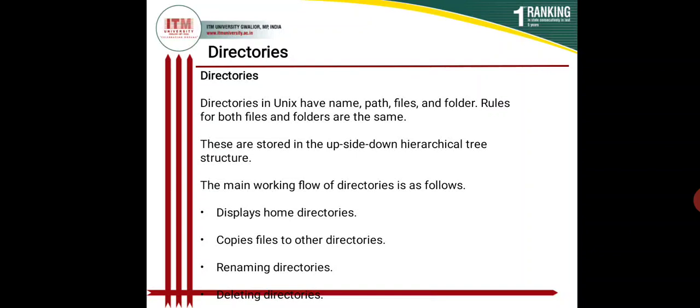The directories will have their path, as we have discussed in the case of the Unix operating system. These files and directories are basically stored in a hierarchical manner, just like a tree structure.